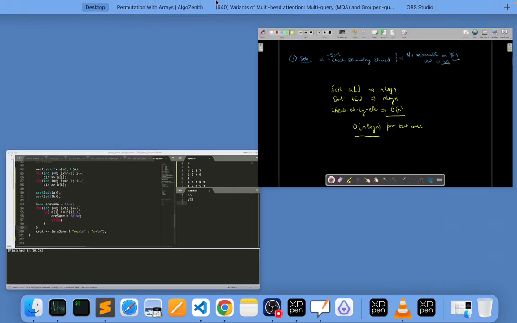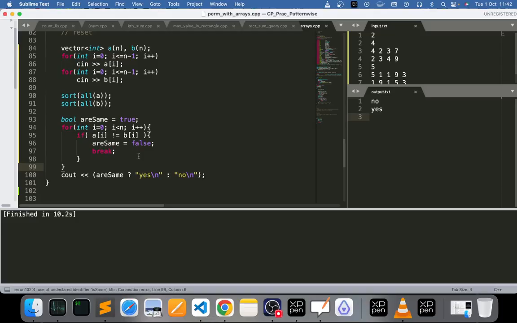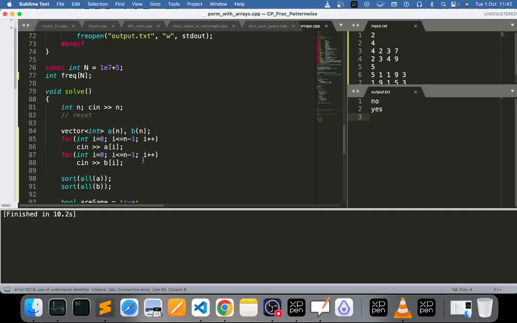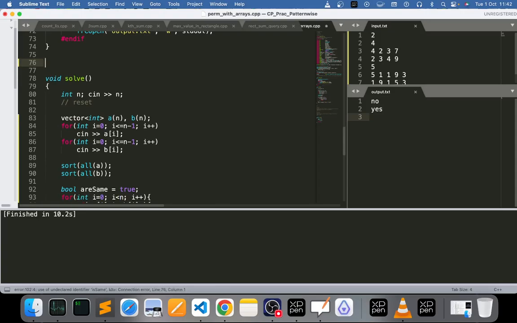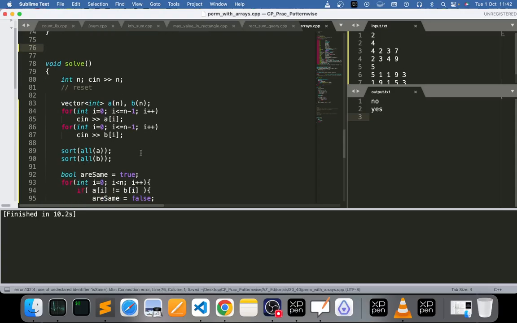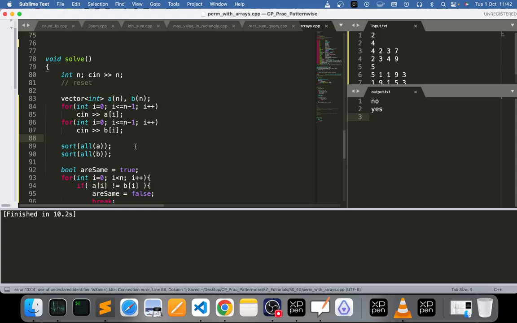So let's look at the code quickly. This is exactly what we saw in the slides. I can remove this, since it's going over the other approach, and it's not of use.